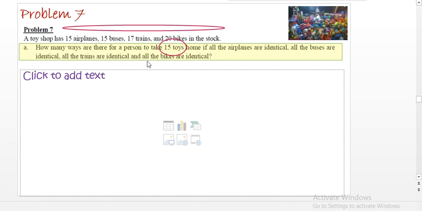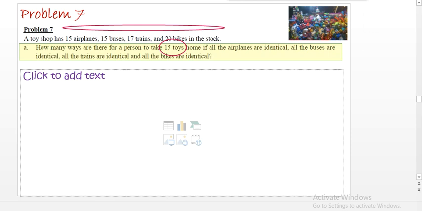If all airplanes are the same, there is only one type of airplane and there are 15 airplanes, so he can pick all 15 airplanes altogether as 15 toys. And all buses are identical, I mean, you cannot distinguish one bus from another. So if we pick one bus and again one bus, they are like the same bus. So it's just like a combination with repetition. All trains are identical and all bikes are identical.